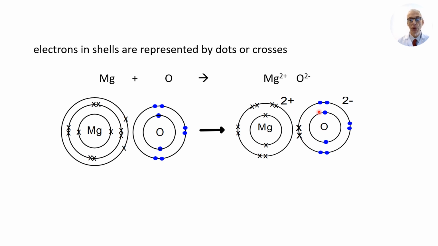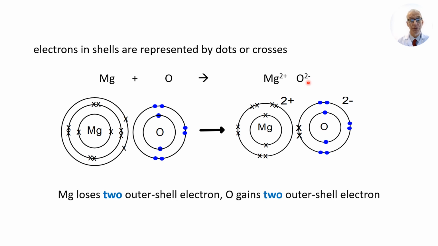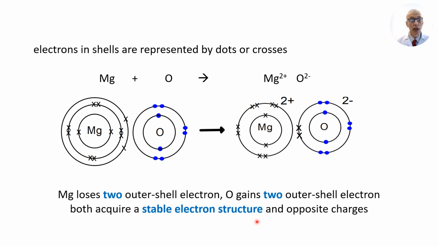So Mg2+, oxygen 2-. Lost 2 electrons, 2+, gained 2 electrons, 2-. Of course, the attractions between the magnesium 2+ and the oxide 2- are strong electrostatic attractions and form the ionic bond.